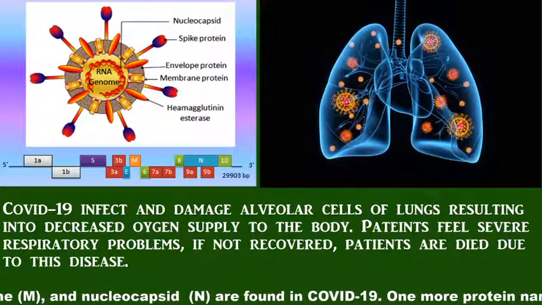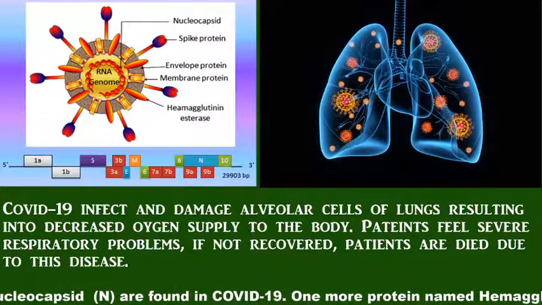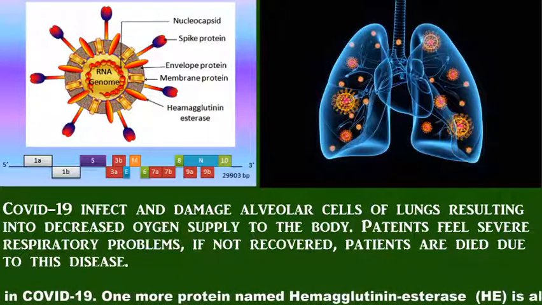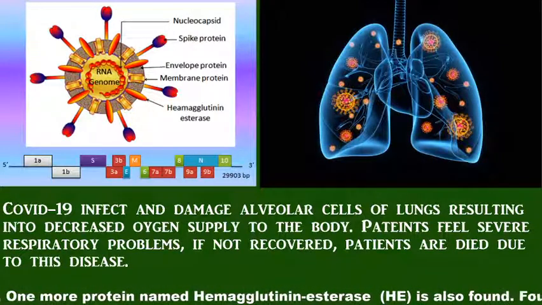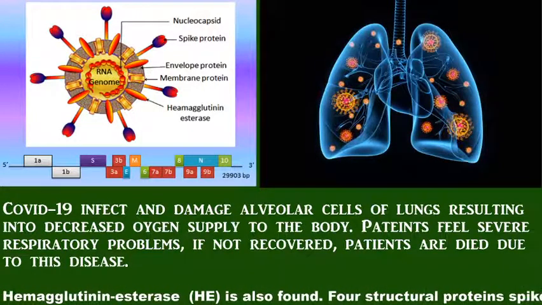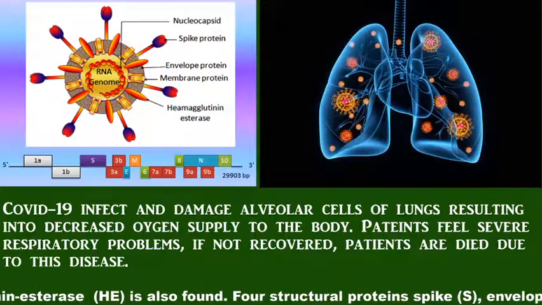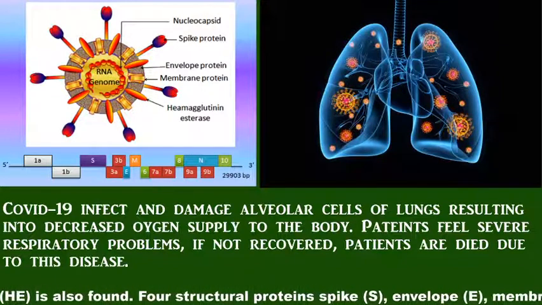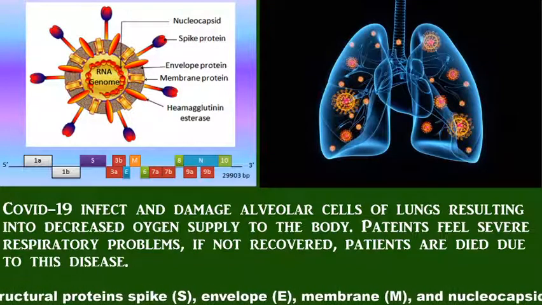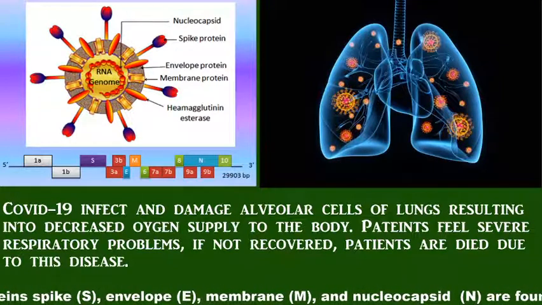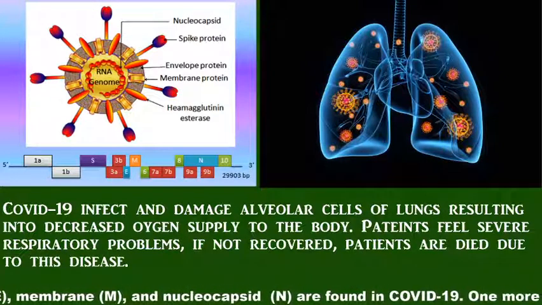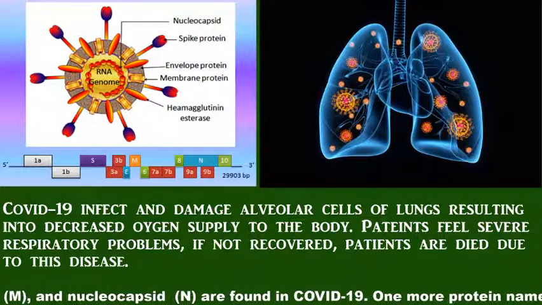And after producing more and more viral particles, alveolar cells get damaged, and there is a sharp decrease in the oxygen supply of the body, because lungs are the site in our body for supplying oxygen through the respiratory process.